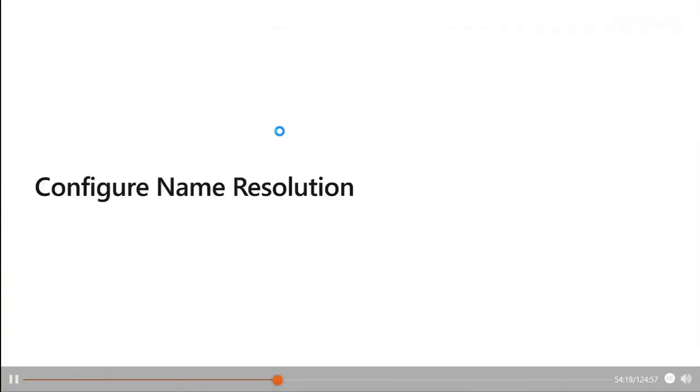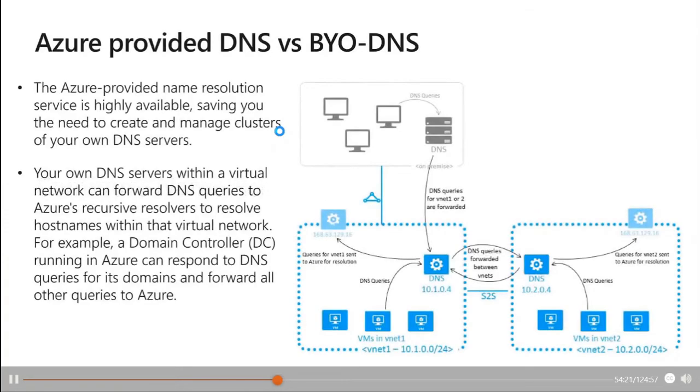Now, configuring name resolution. Azure provides DNS, and you can also use the scenario of bringing your own DNS server. By default, Azure already provides the DNS resolution. This is a highly available service. You don't need to create a virtual machine to host your DNS servers. You don't have to worry about anything on that end.